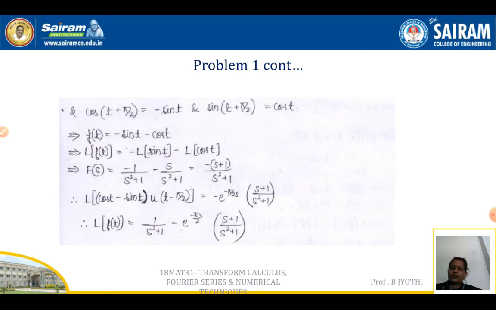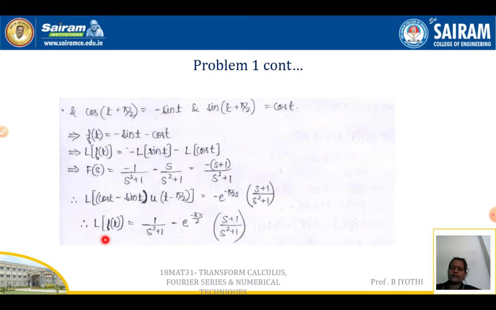Now, the period a that we have here is t minus pi by 2, so a is pi by 2. So L of cos t minus sin t into u of t minus pi by 2 will be minus e power minus pi s by 2 into s plus 1 divided by s squared plus 1.